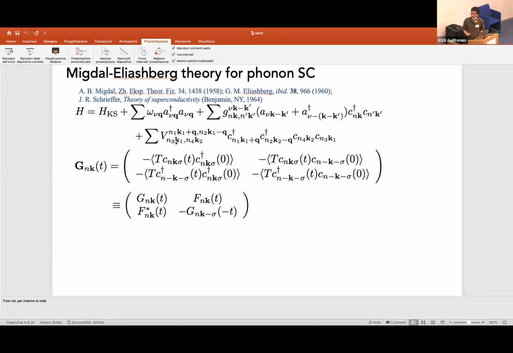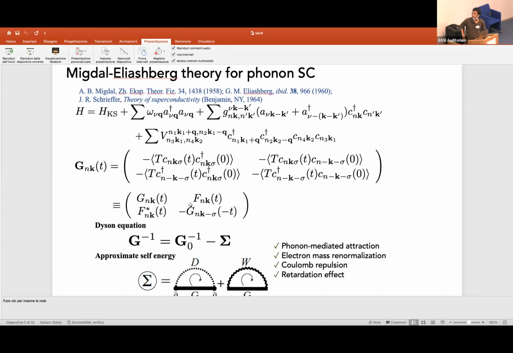In this theory, we treat the interacting Green's function in a 2×2 Nambu-Gor'kov form. In this expression, the diagonal term represents the normal Green's function, and the off-diagonal part represents the anomalous Green's function that becomes non-zero only in the superconducting regime.